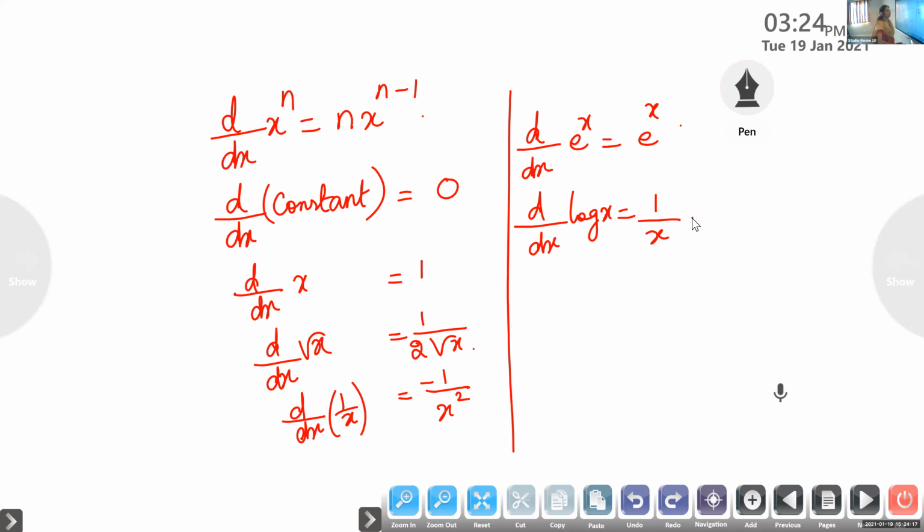Okay, then we learned some formulas to find the derivatives of functions given in product form and quotient form: the product rule, the quotient rule, isn't it? So just recall the product rule.